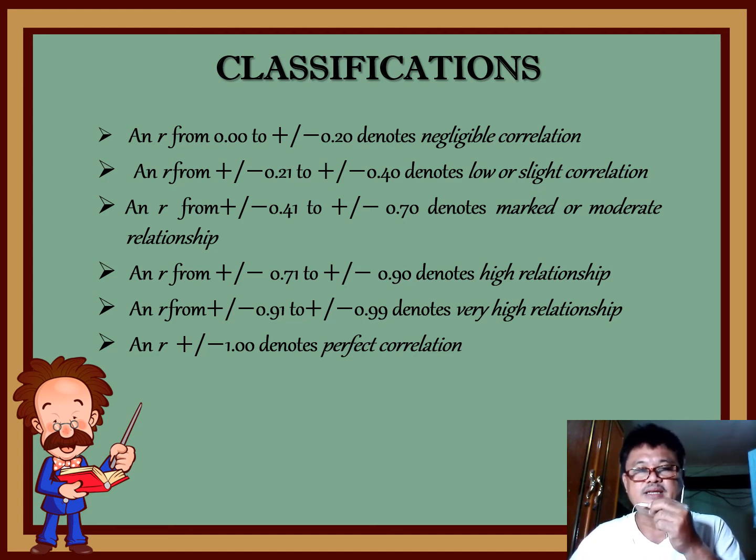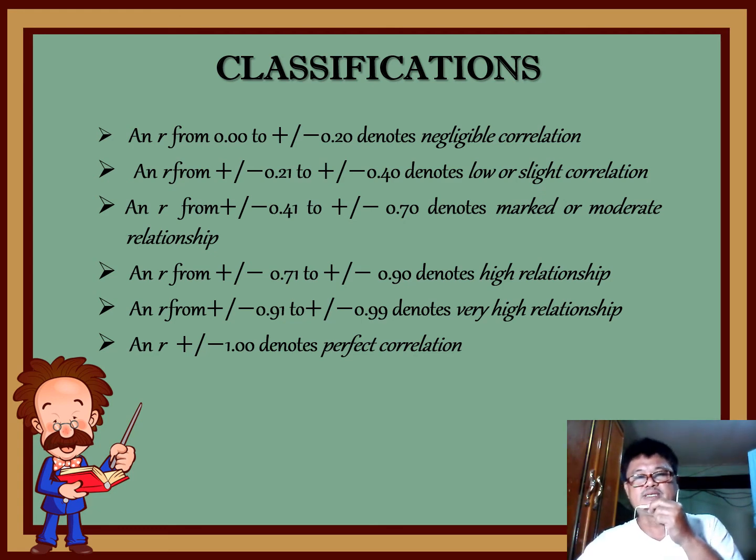An R from plus or minus 0.41 to plus or minus 0.70 denotes marked or moderate relationship. An R from plus or minus 0.71 to plus or minus 0.90 denotes high relationship. An R from plus or minus 0.91 to plus or minus 0.99 denotes very high relationship. And an R of plus or minus 1 denotes perfect correlation.